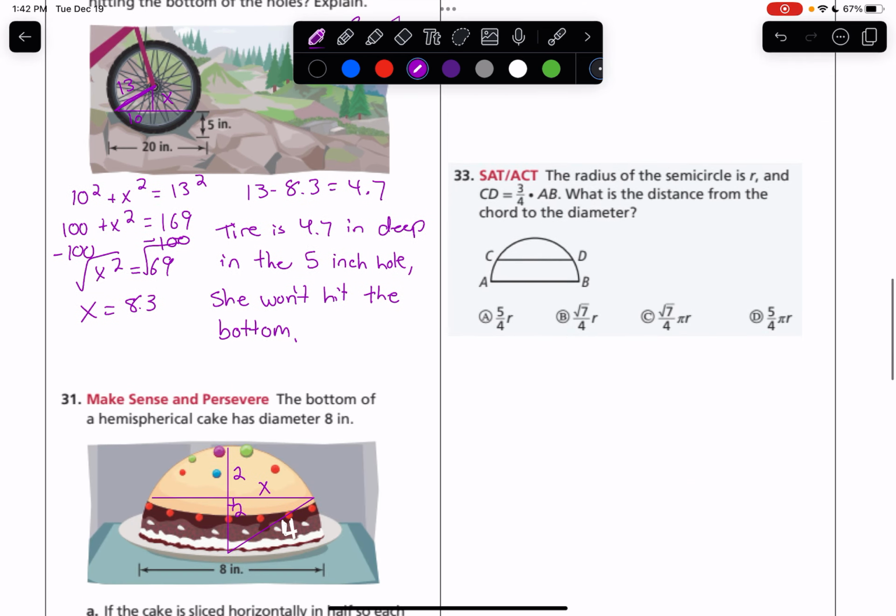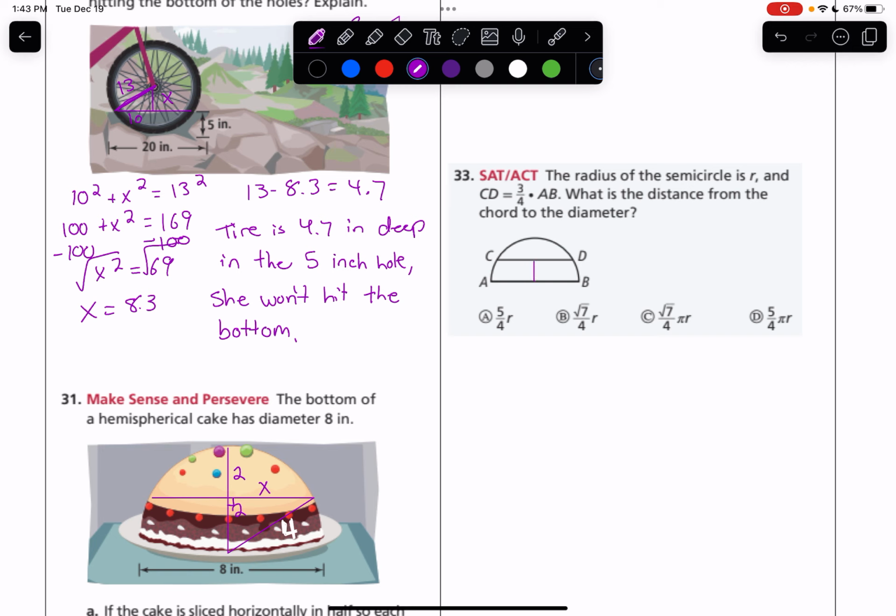And finally, here's kind of a crazy one. The radius of the semicircle is R. So the entire radius is R. And CD is 3/4 the length of AB. What is the distance from the chord to the diameter? So we're looking for this distance right here.